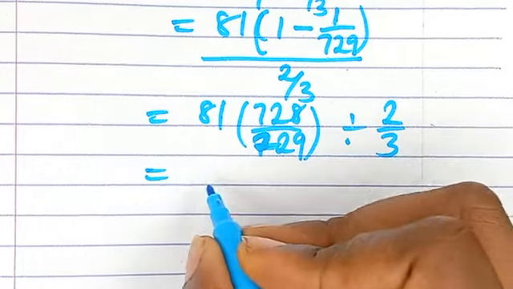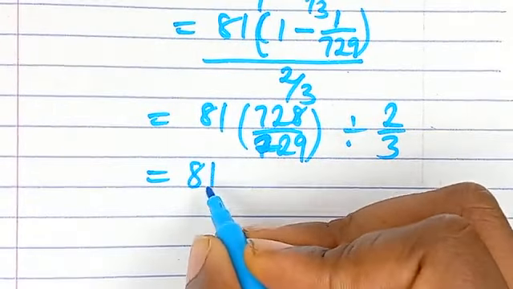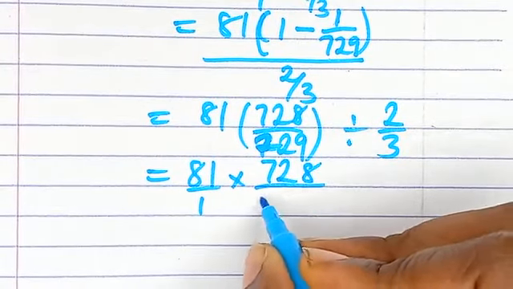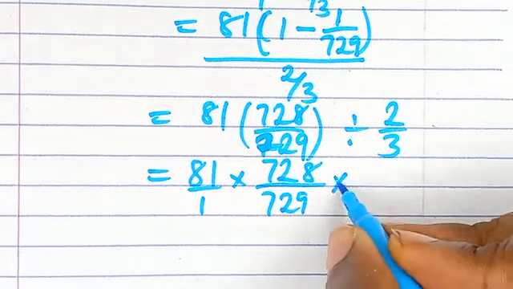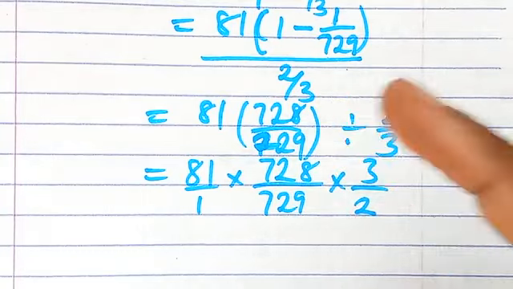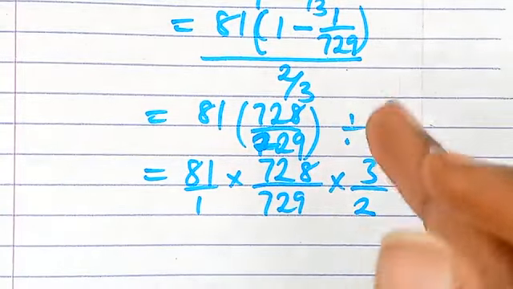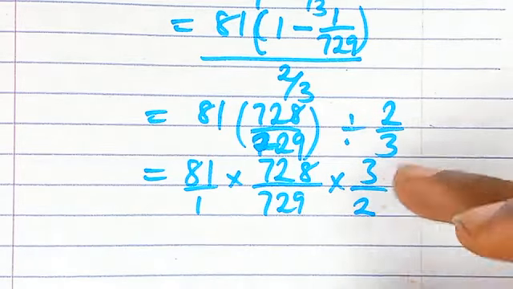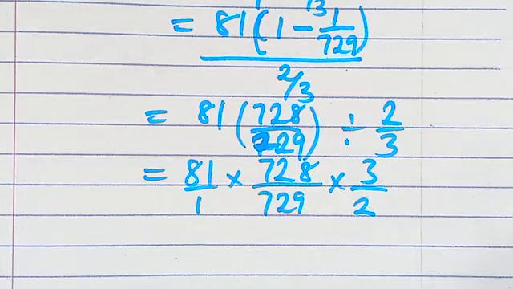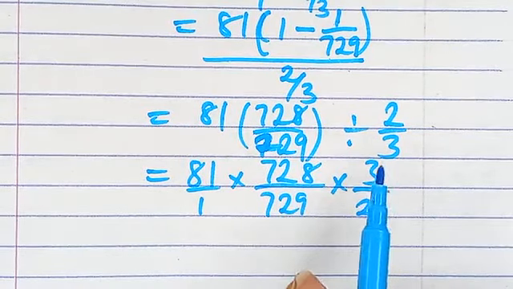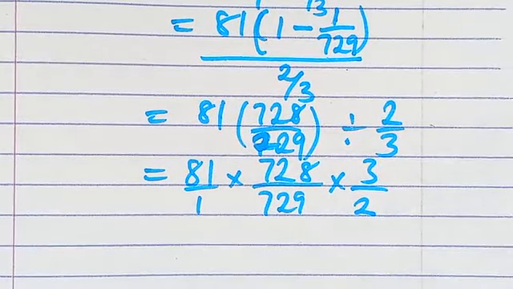So what we have is 81 over 1 times 728 over 729 times 3 over 2. To change a division sign to multiplication sign, that is when you're dividing by a fraction, change it to multiplication sign and invert the fraction. It's easier to work that way. So we can see that all these are multiples of 3 and these two are multiples of 2. So it's easier for us to handle right now.